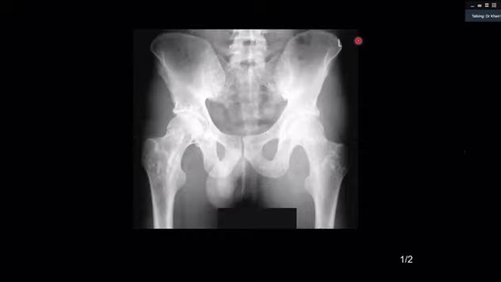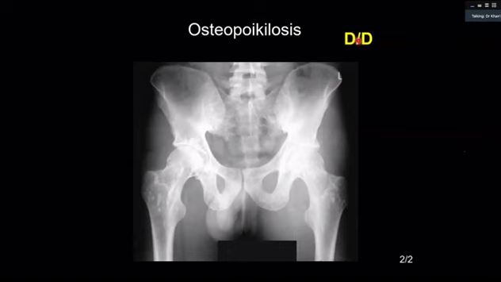This is your last case. Yeah, this is spot on, osteopoikilosis, multiple. Osteopoikilosis is a simple case, but of course it becomes simple once you know it. Basically, osteopoikilosis, pathologically speaking, is just like multiple bone islands. And these are around joints usually.